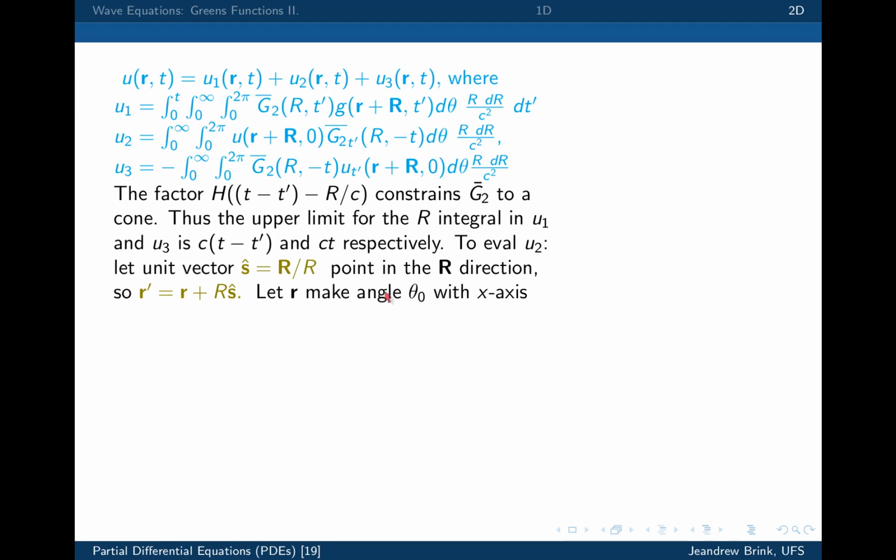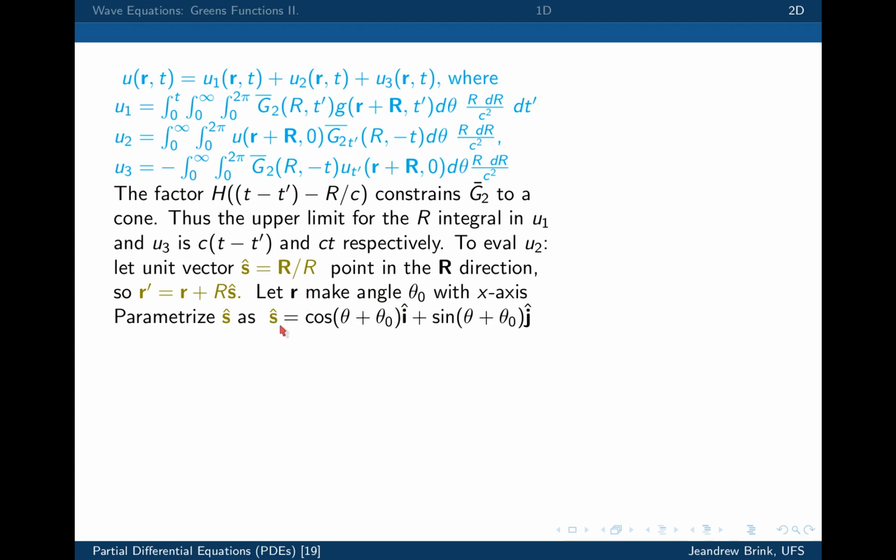And here I'm making it a little bit more complicated, because I'm no longer assuming that thing is 0. So you can write s hat as cos of theta plus theta 0, sine of theta plus theta 0. So I'm allowing you to keep the total coordinate of r fixed.